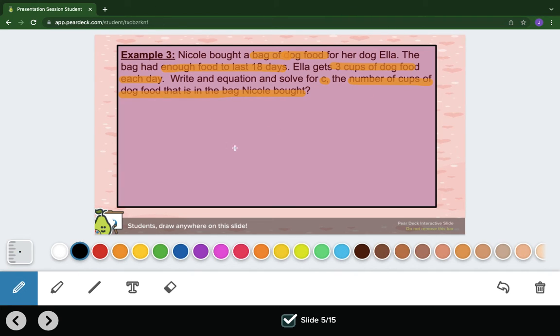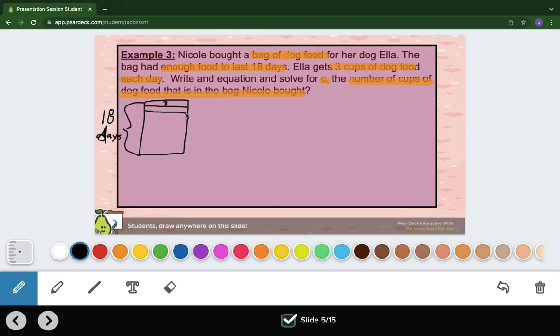In order to make sense of this, I'm going to draw just a random rectangle, and this is going to represent my dog food. I know in total the whole bag of dog food is going to last me 18 days. The first day, I need to give her 3 cups of dog food.